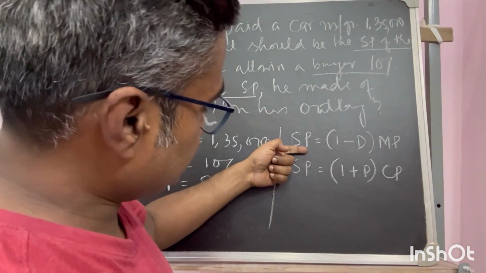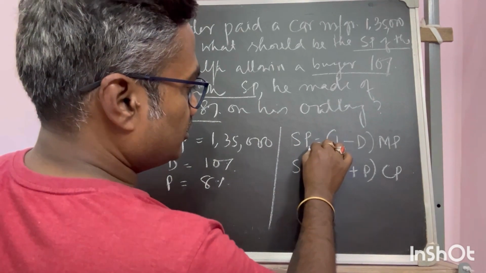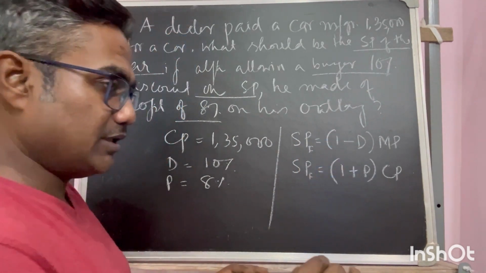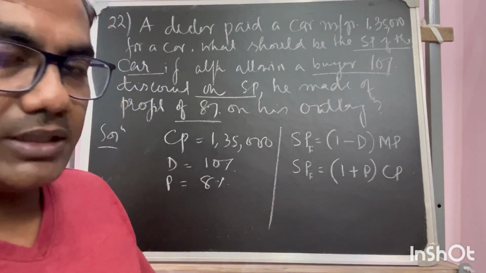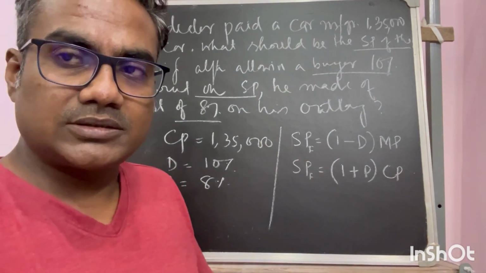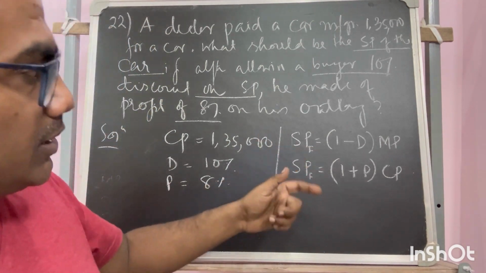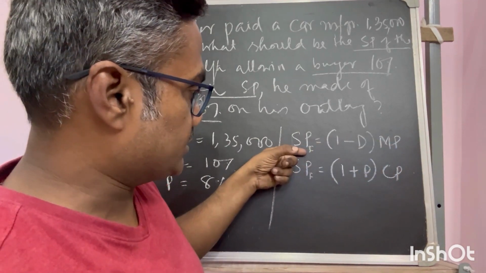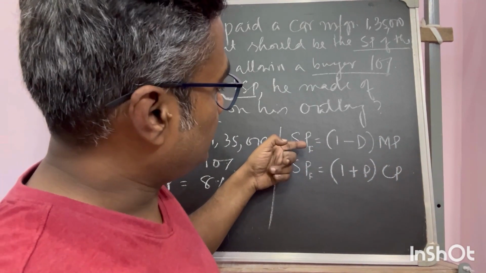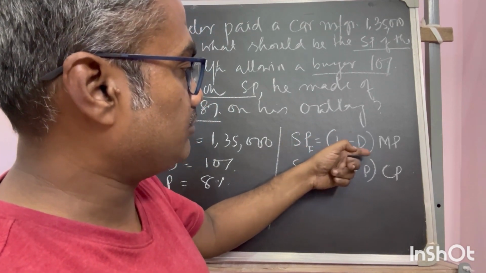The final price at which he sells, the money he gets from the buyer, is the same in both, but the discount is given on the market price, not on this. You have to remember this.